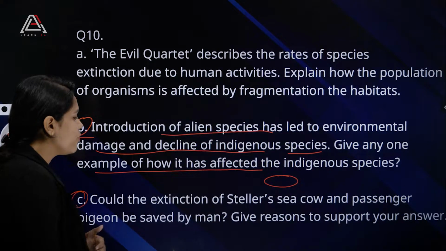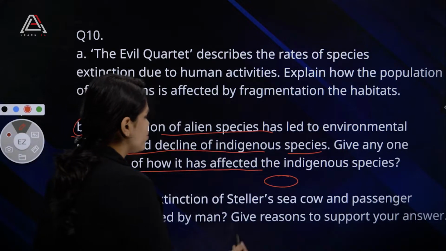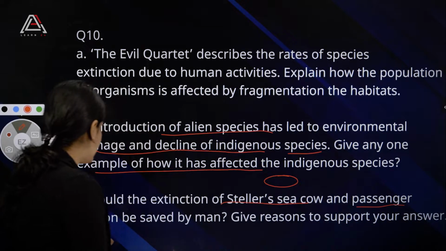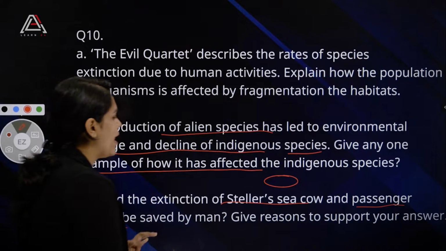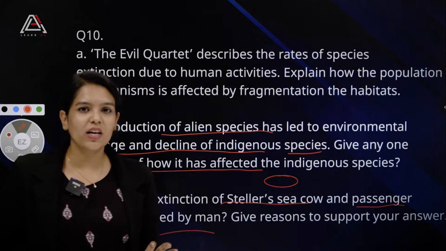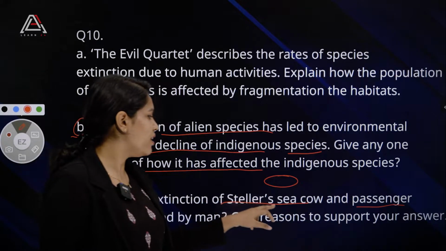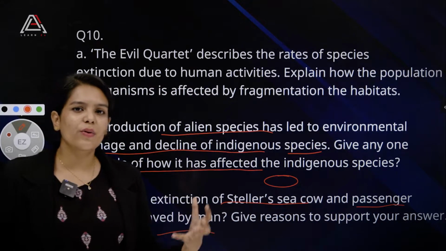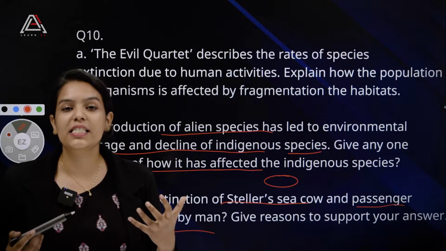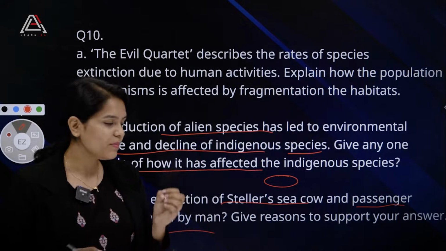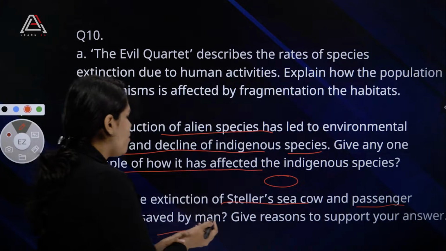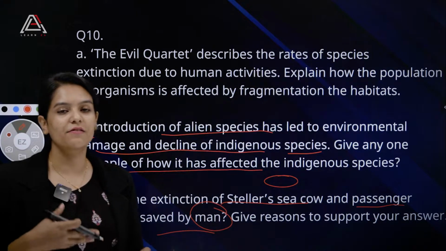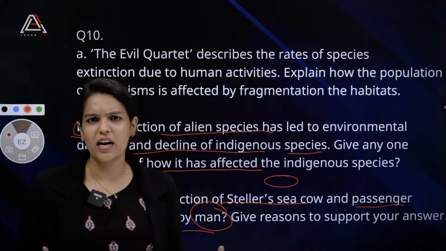Then the third part of the question is: could the extinction of the Steller's sea cow and passenger pigeon have been saved by men? Okay, so they are talking about the Steller's sea cow and passenger pigeon, and the question is, can they be saved by men? Now, you all know men is greedy, okay, and we have many needs, right?